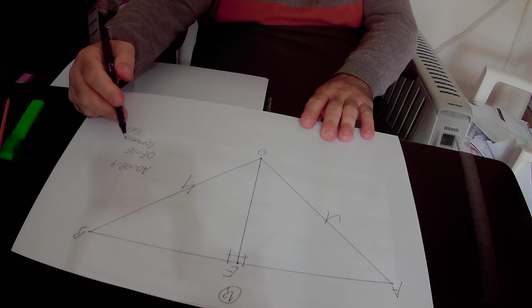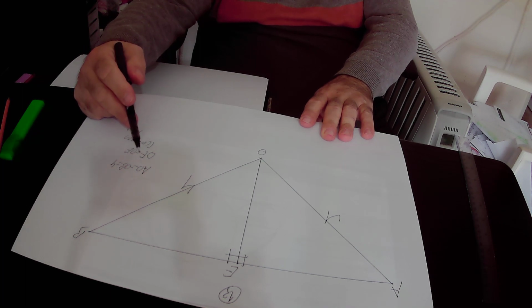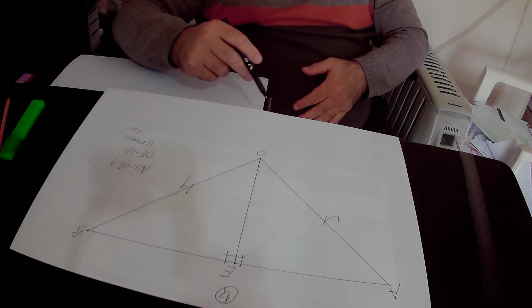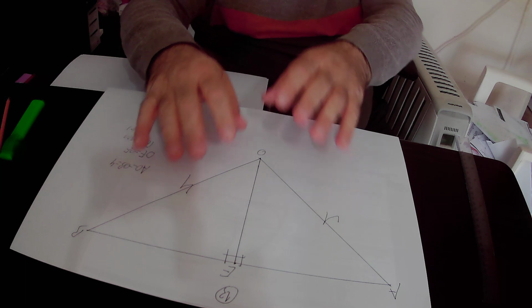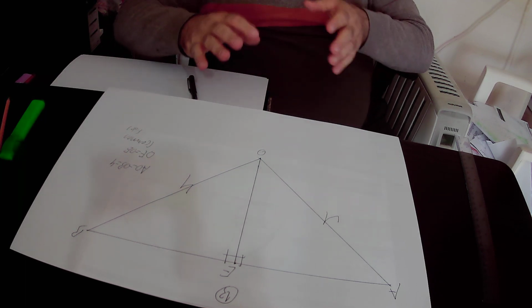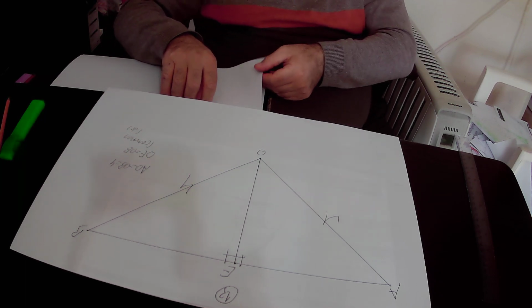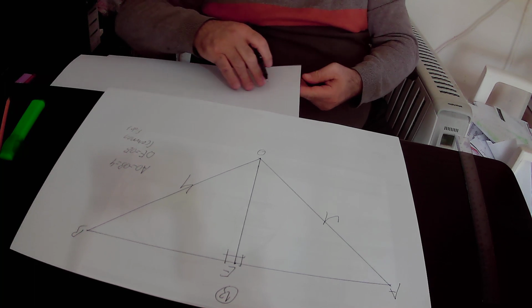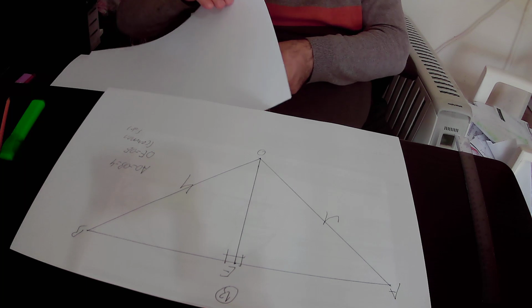So by proving that those two sides are congruent in both triangles, we actually proved that those two triangles are congruent to each other according to rule number 4. So what is rule number 4?